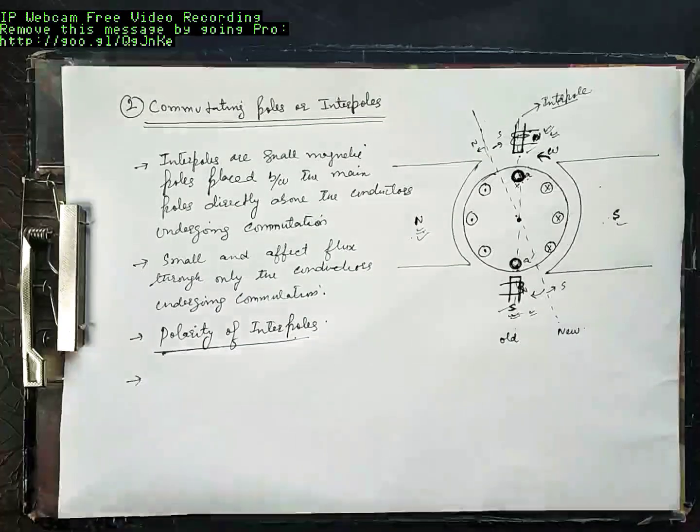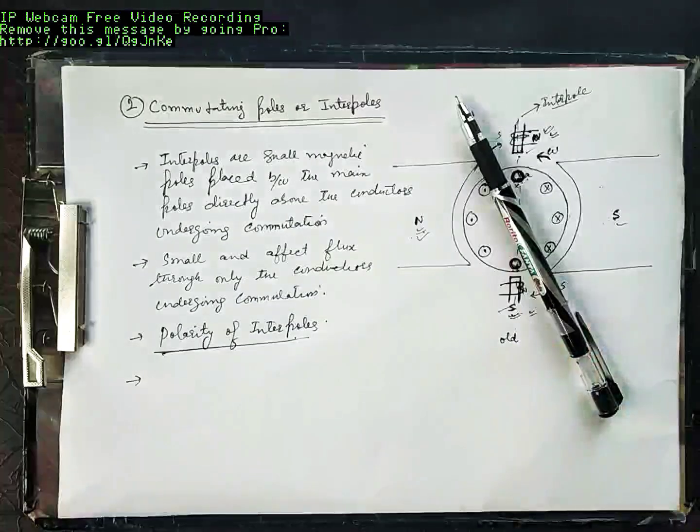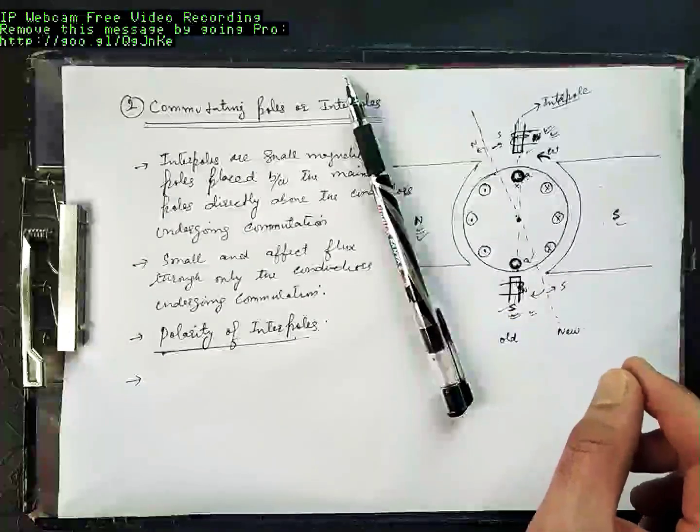Now there's one more question. We already discussed that this magnetic neutral plane or armature reaction effect depends upon the current through the armature, or depends upon the load current. That means if this generator is supplying more load, there will be more armature reaction.